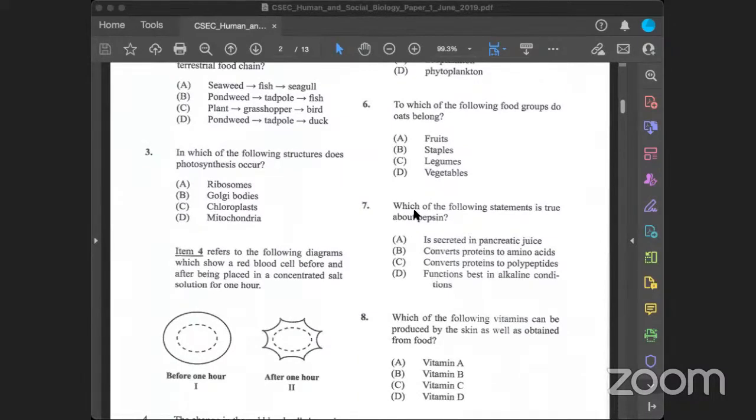7. Which of the following statements is true about pepsin? B. It converts proteins to polypeptides, because before it reaches amino acid, it has to be broken down to polypeptides. So why can't you say pepsin facilitates the breakdown from proteins to amino acids?